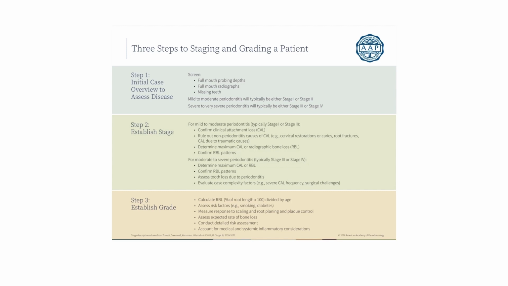So the final point I want to make is, what is the value of the 2018 classification? What is new? What is the value of this classification? So number one, it assesses the current level of severity of periodontitis and its impact on the treatment required.